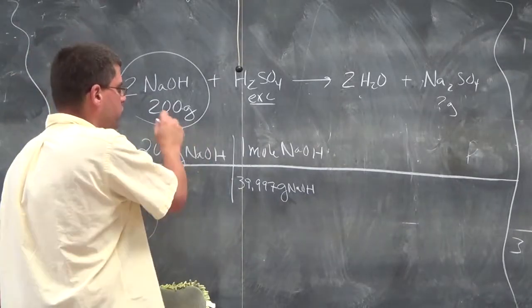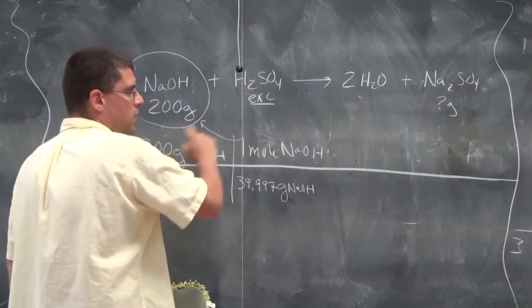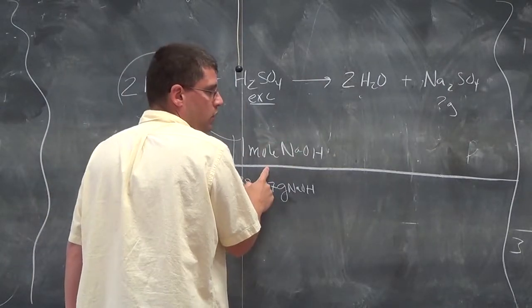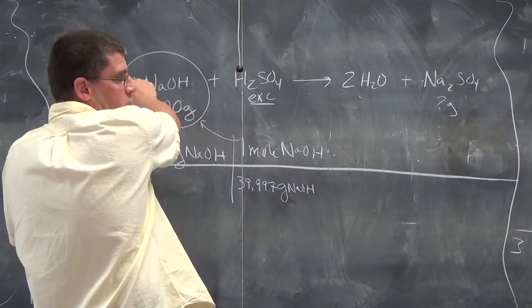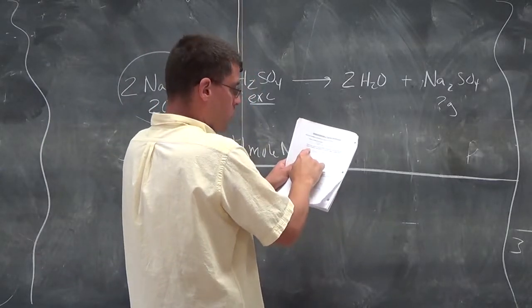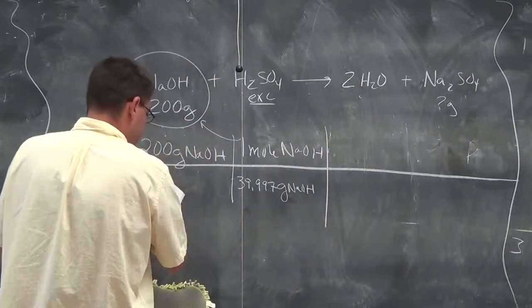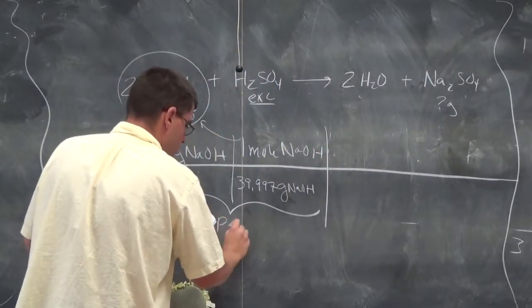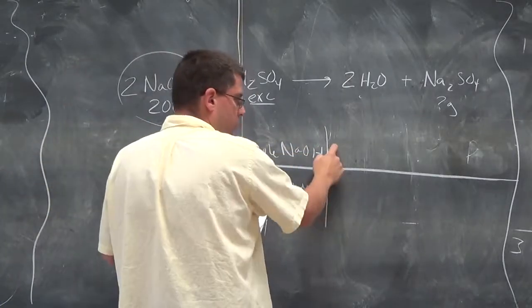But here's the situation. We've pretty much worked with this half of the equation, the reactants. Now we've got a transition. Using the equation, we see we have 2 moles of sodium hydroxide, and we're working toward sodium sulfate, where we have 1 mole. So here's your first part. Part 1, right here, convert to moles. Part 2, work with a mole ratio.